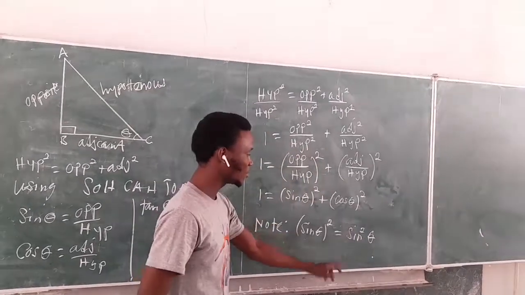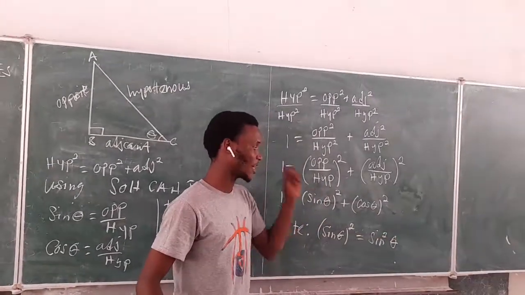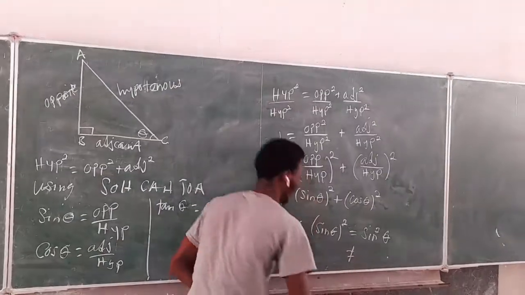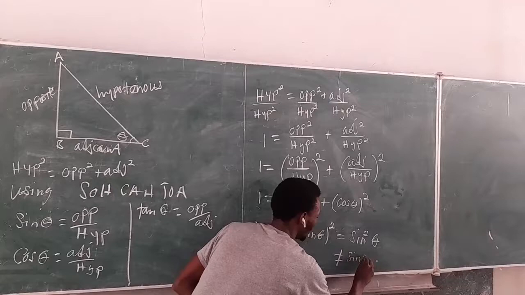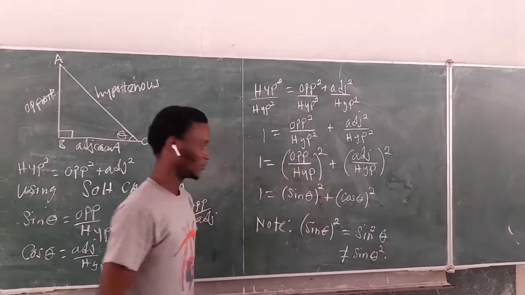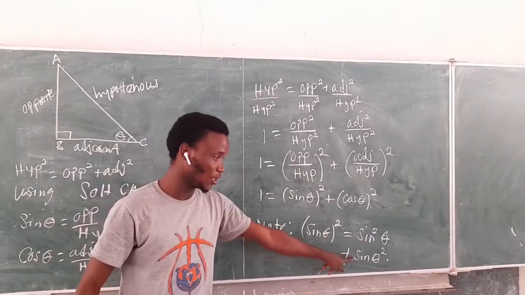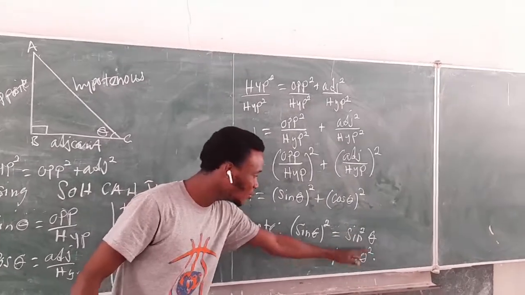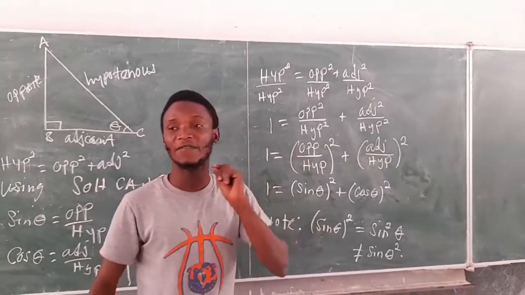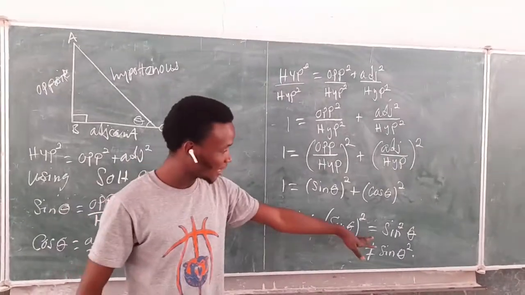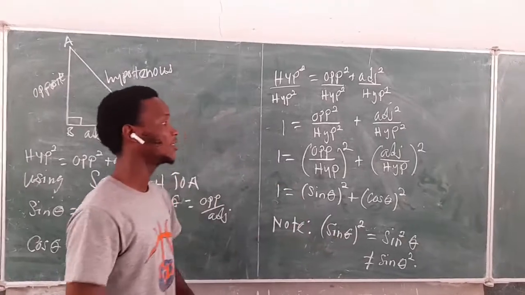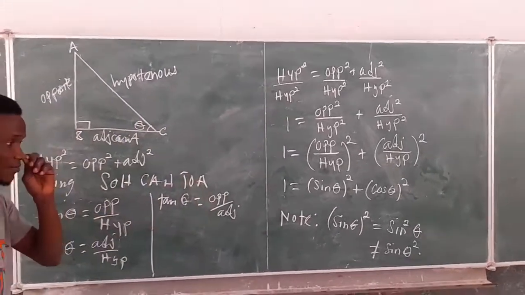That simply shows that it is affecting the function and it is not affecting the angle, and it is not equal to sine theta squared. This expression is not equal to this. If you do this, it simply shows that it has nothing to do with the function, but it is only affecting the angle. So these are some of the things one needs to take note of whenever you are dealing with trigonometric ratios. They are very important things.